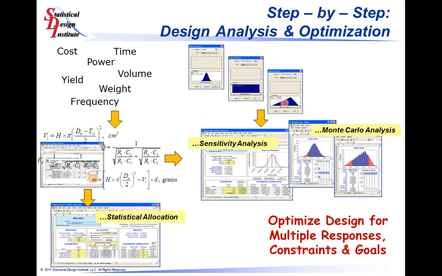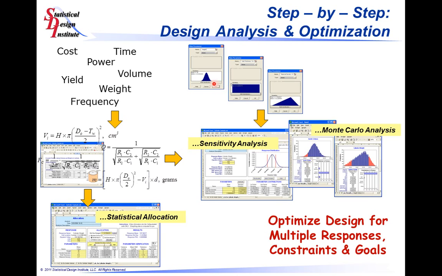Once this response variation is identified and predicted, we can compare it with our specification limits and predict the probability of noncompliance with respect to this distribution and your specification limits. So we can very easily identify whether we have a design that is satisfactory, marginally satisfactory, or even unacceptable, and then identify what needs to be done in terms of addressing variations to improve this overall end result or performance.